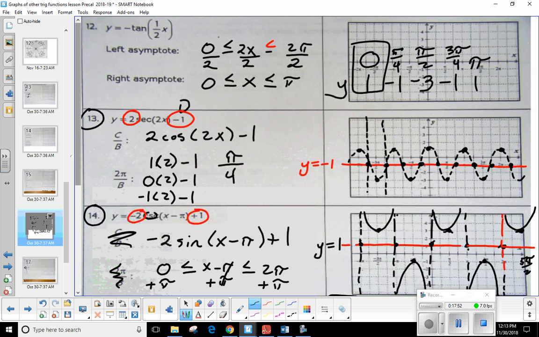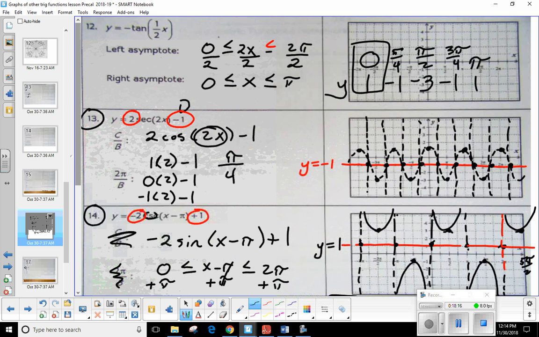So I'm going to have one here, here, here, there. Okay. And it makes sense because the transformations you learned in Algebra 2, if you're multiplying x by 2, remember you have to take the reciprocal. What's the reciprocal of 2? 1/2. So it makes sense this guy is half as wide as he should be.